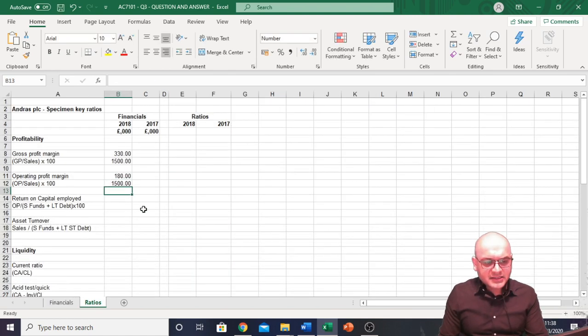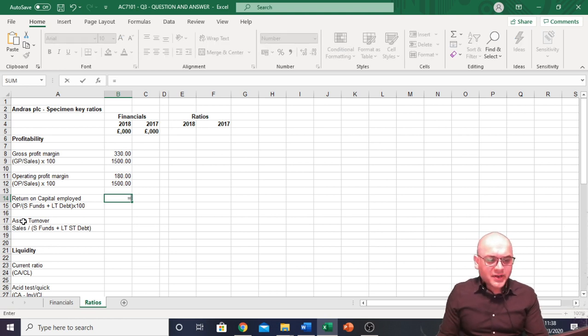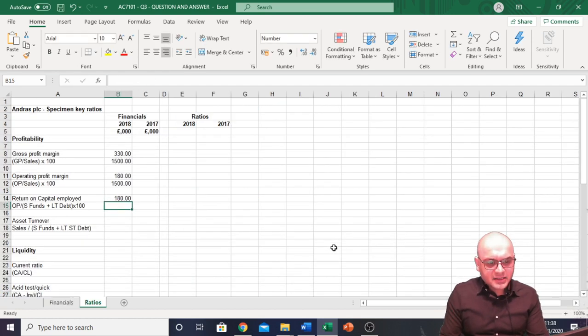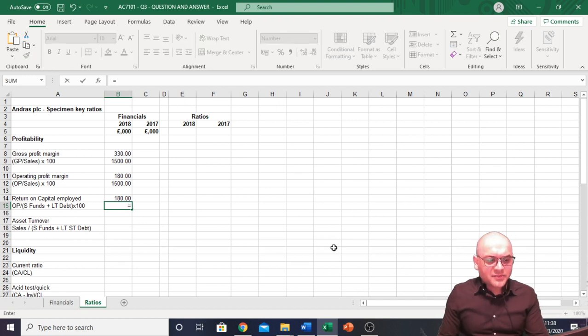Okay, then return on capital employed is operating profit divided by shareholders funds plus long-term debt. So equal to sign, first the operating profit, that, and then underneath the denominator is shareholders funds plus long-term debt.